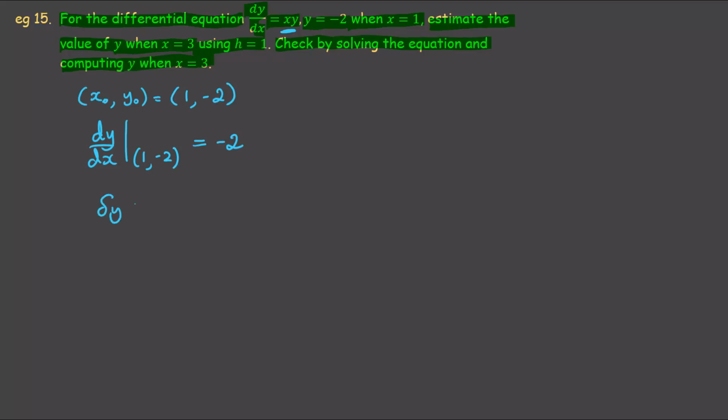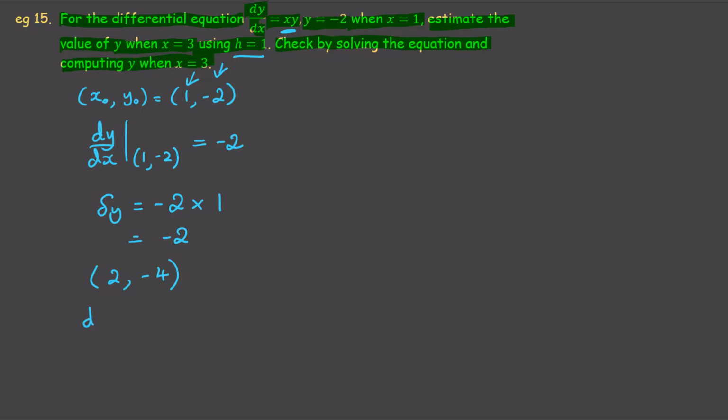Our delta y is then going to be negative 2 times 1, which is a large step length to use, which is negative 2. And that takes us to our next point. Since h is equal to 1, it will be 1 plus 1, which is 2. And we've got negative 2, take away 2 is negative 4.